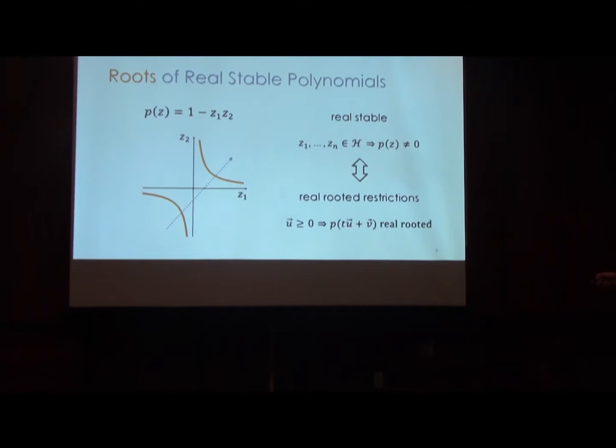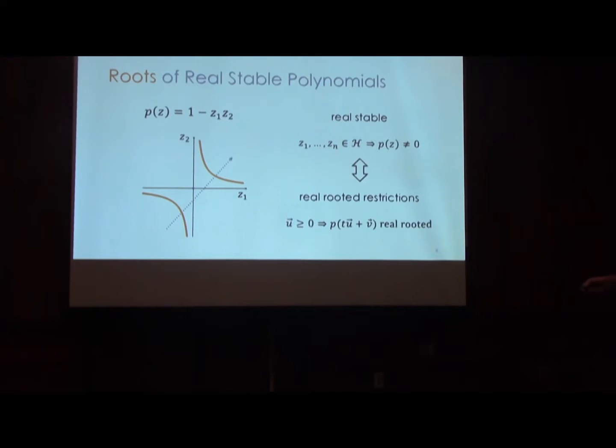Take P of t times u plus v, where u and v are vectors. So I'm looking at the values of this polynomial over this line. And I'm assuming that the direction of this line is positive, so u has positive components. This is going to be a univariate polynomial. The equivalent definition of real stability is that this univariate restriction is real rooted for any pair of u and v.